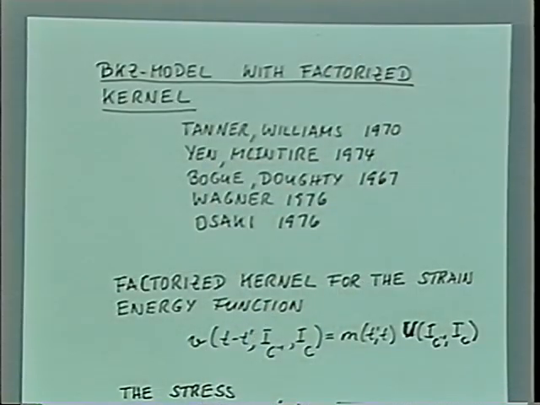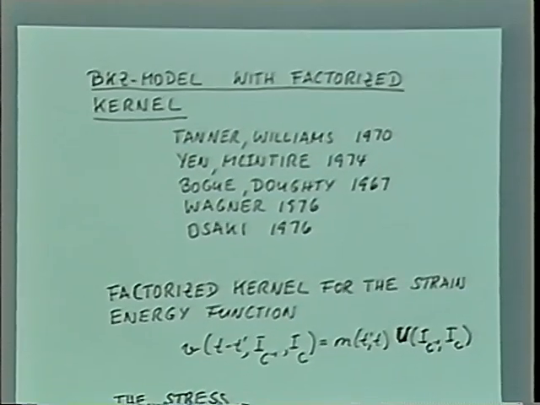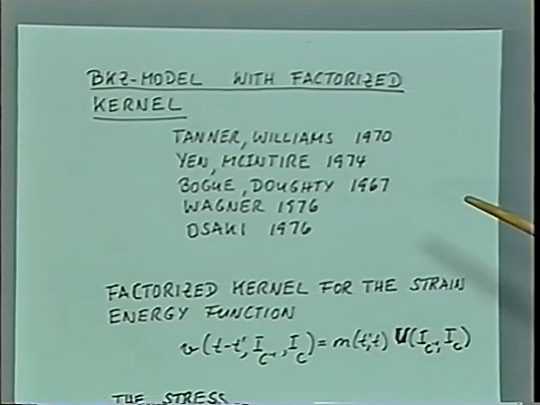This model has no specification yet about the kernel function of this memory integral. We have no clue how to describe that. So with network models, the general format has been provided, but it's not specific enough. Many people worked on this type of model.